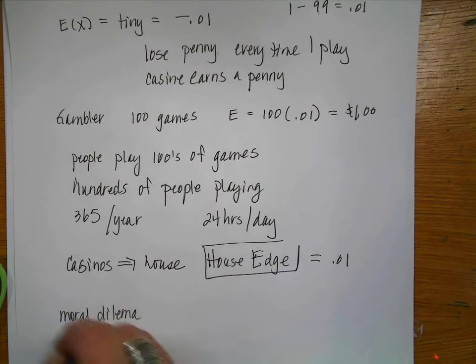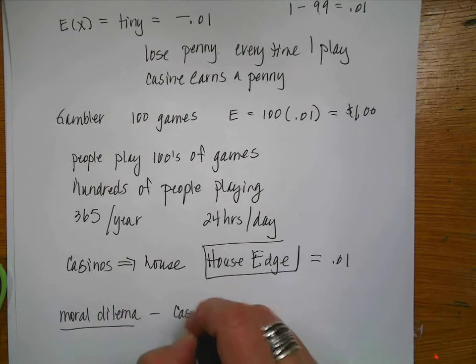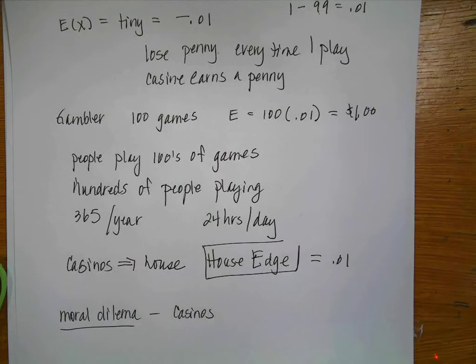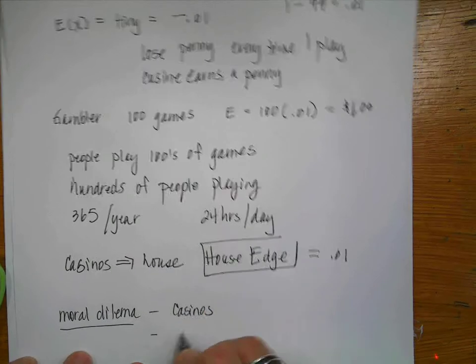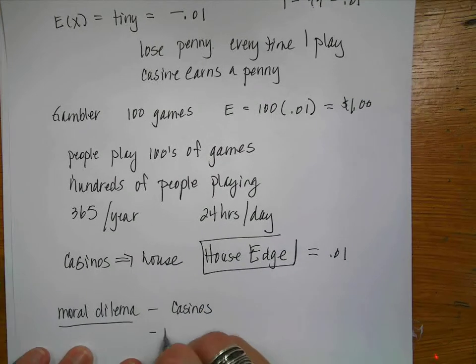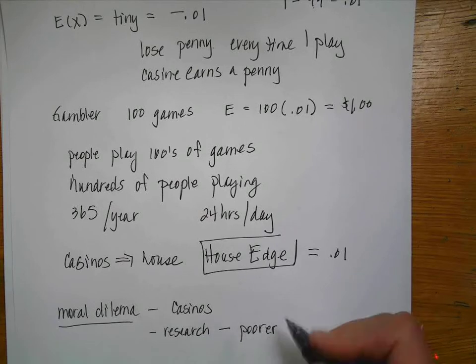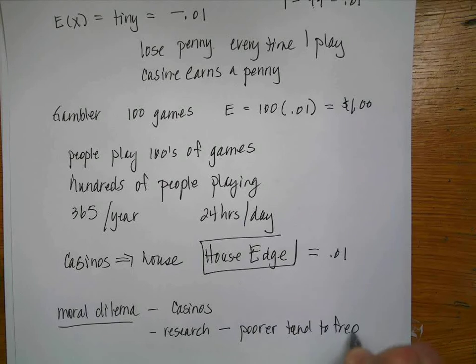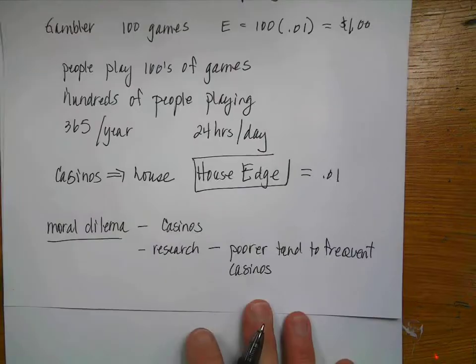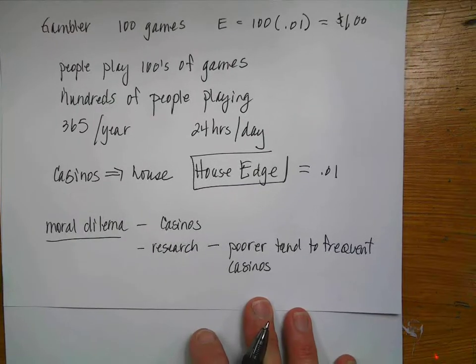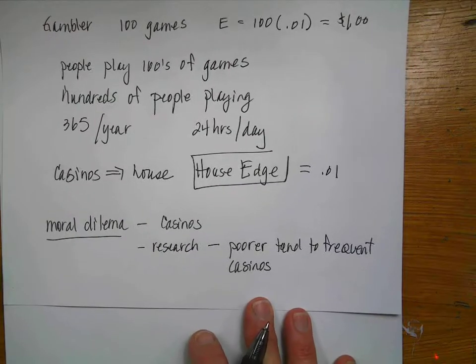So then there's always a moral dilemma attached to casinos. Okay, and you can have this debate. It is shown by research that people that are poorer tend to frequent casinos. They would make up the majority of the casino population, right?